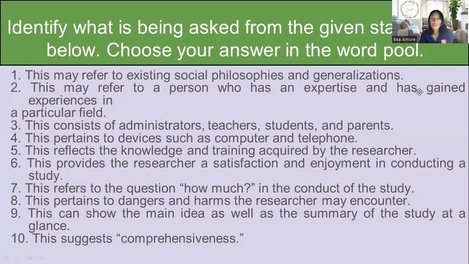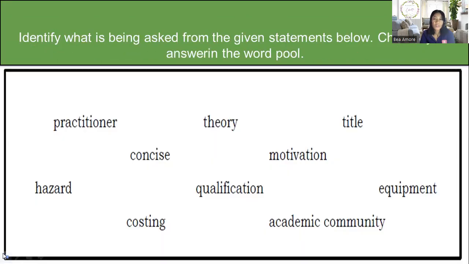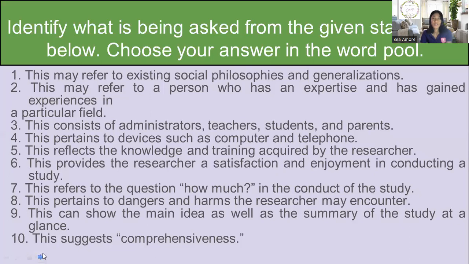Now, as being said, these are the statements that you're going to identify by choosing your answer in the word pool. So this is the word pool, and these are the questions or statements that you need to identify.